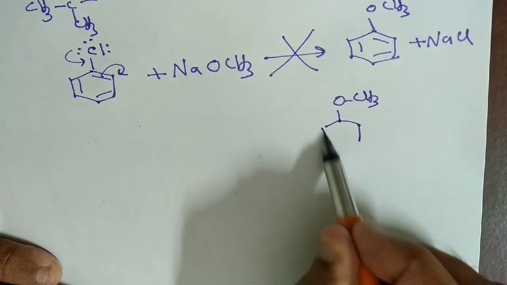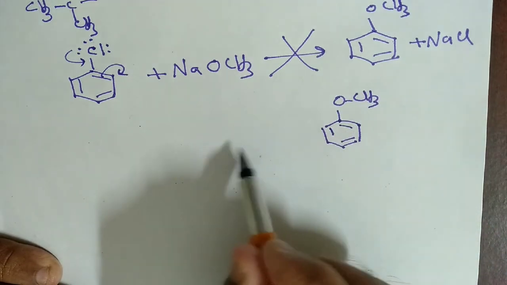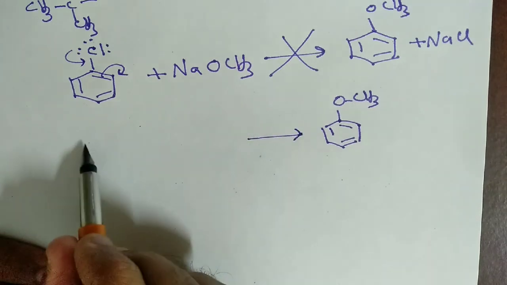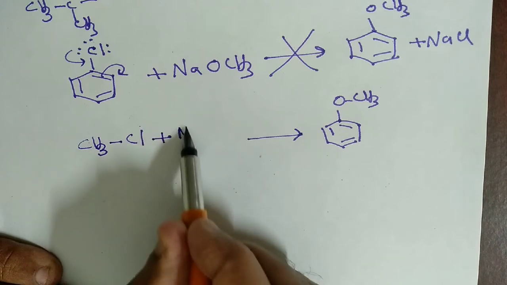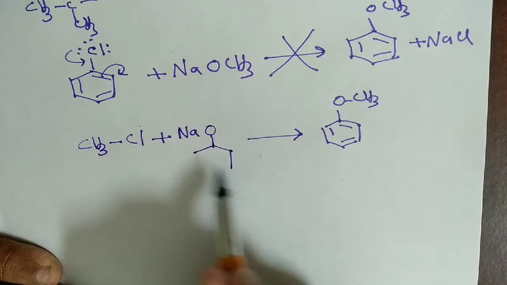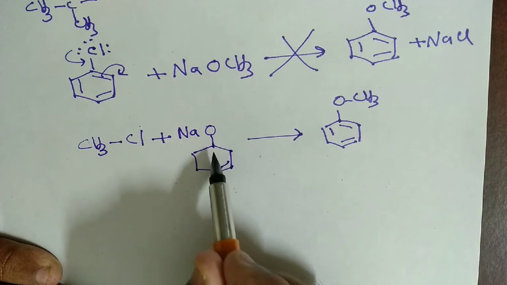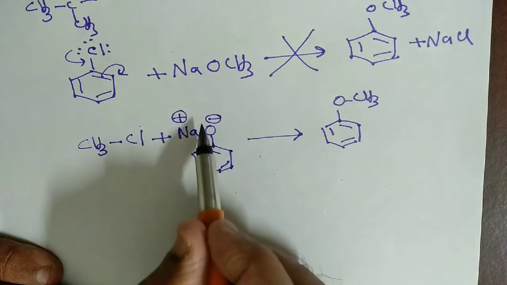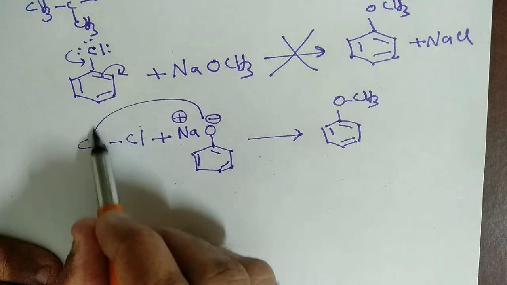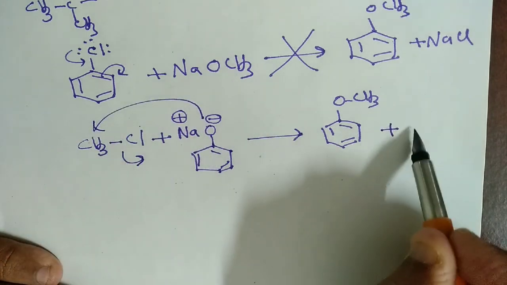Anisole can be prepared by Williamson's method. The correct choice of reagents is methyl halide and sodium phenoxide. Sodium phenoxide reacts with methyl chloride to form anisole.